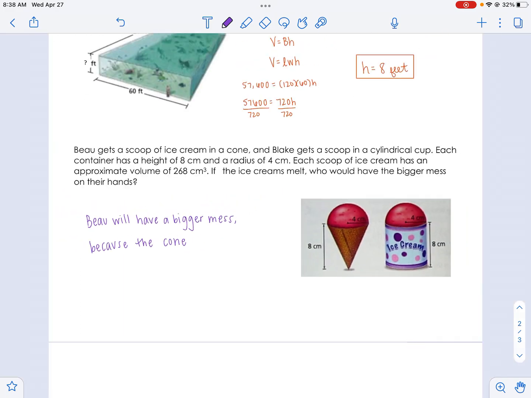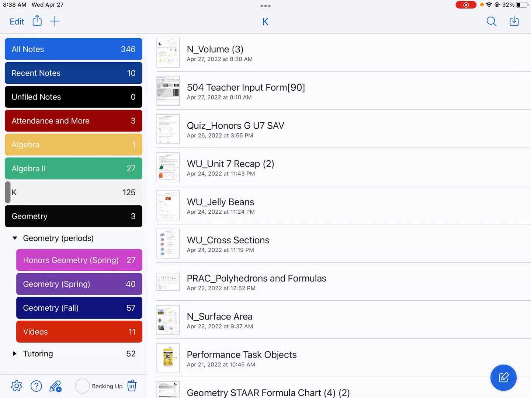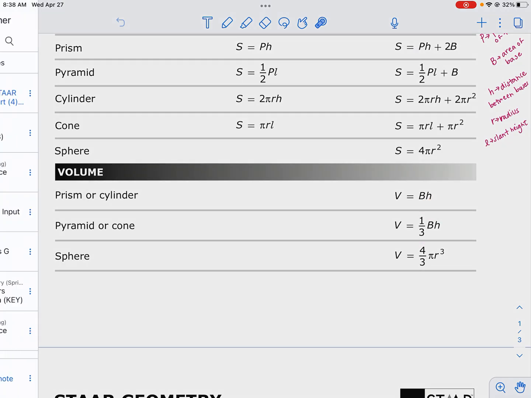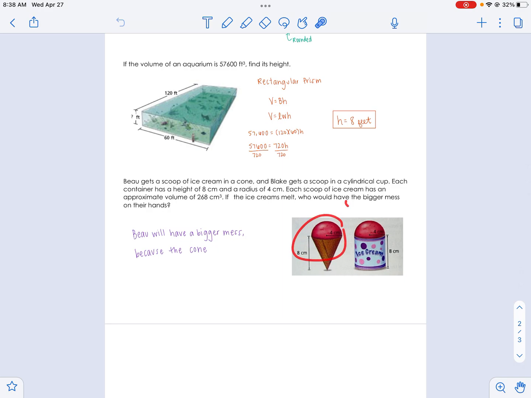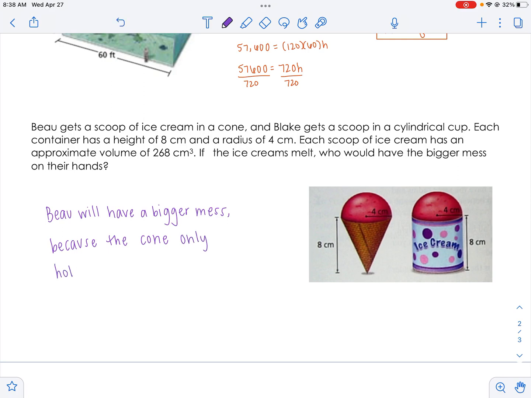But if we take a look at those formulas, the cone formula over the cylinder formula, the cone is a third of what the cylinder is, meaning that the cone can only hold a third of what the cylinder can hold. So the cone would only hold 1/3 of the cylinder's volume, which means that Bo would have a bigger mess.